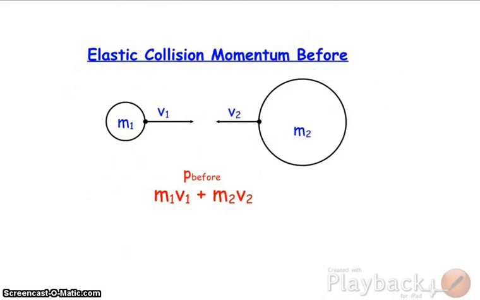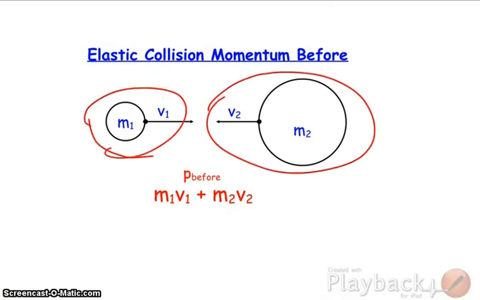Okay? But momentum before. All we do is we say, okay, this object has momentum, and this object has momentum. Add them together. Momentum of object 1 plus momentum of object 2, keeping direction in mind. So that's before the collision.